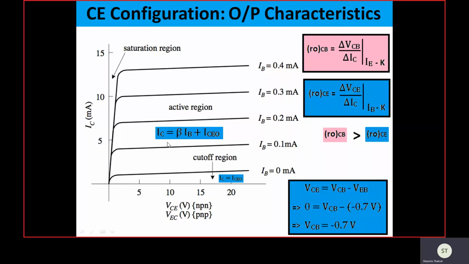That's why the slope is coming in the curve. In the cutoff region, the beta IB term becomes 0, and we are left with only leakage current, that is IC is equal to ICEO.